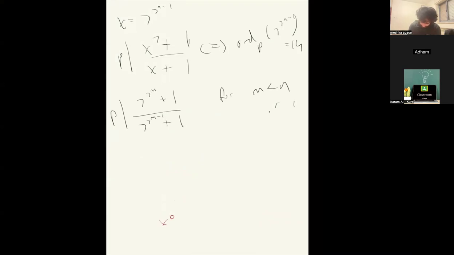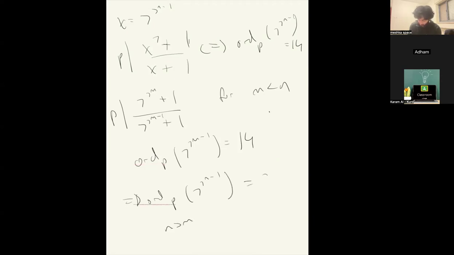Then the order mod p of 7 to the 7 to the m minus 1 is 14. So if you take the order of something like this, where n is bigger than m, it has to be 2. The order must be 2. So in particular, p does not divide this bigger one. Does it make sense?